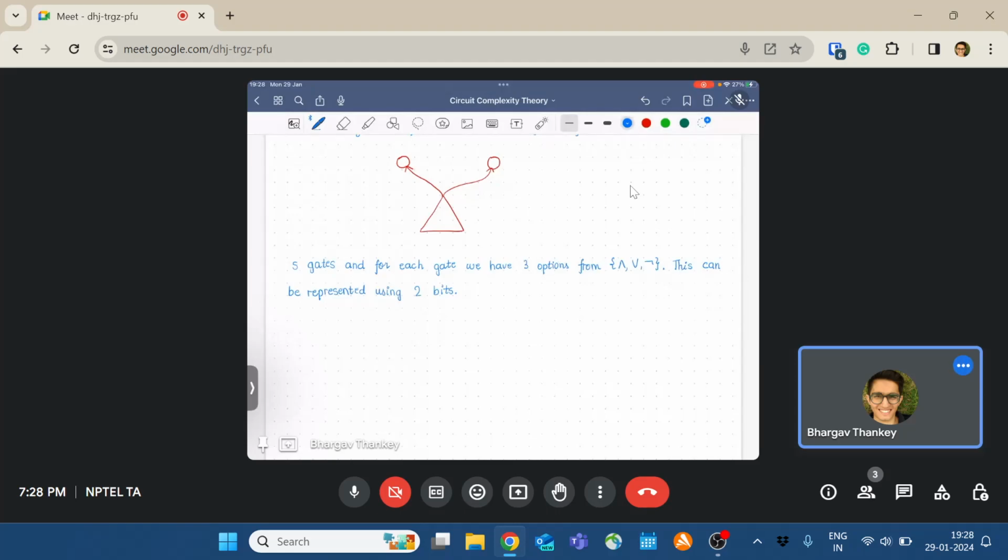And for every gate, we need to specify two children, right? And this can be done using order log at most two times.